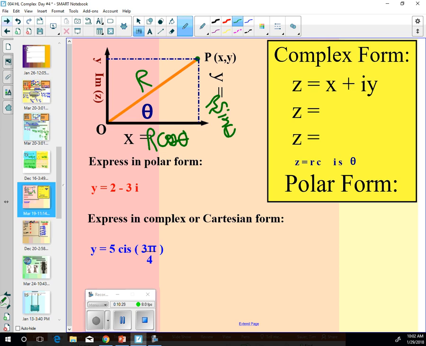So z is going to be r cosine theta plus ri sine theta. And this will be r times cosine theta plus i sine theta, which is the shortcut r cis theta, which is polar form. We'll do more with that tomorrow.